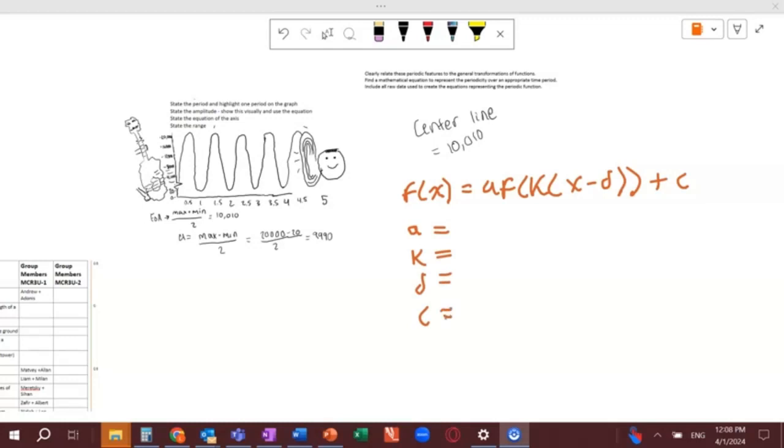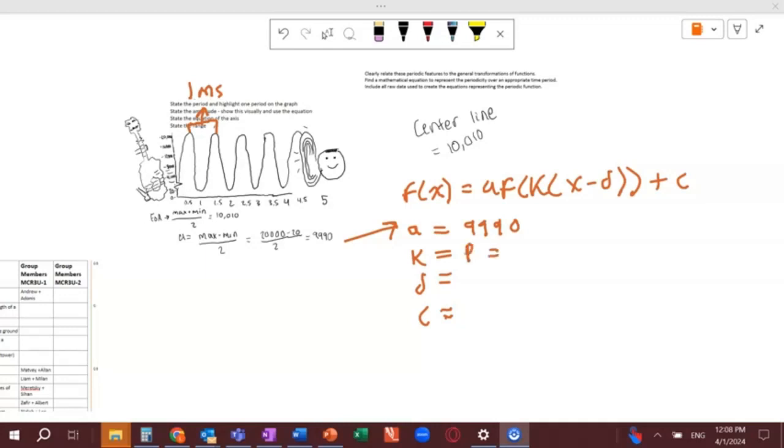Our A, which is our amplitude, is already solved right here. It's 9,990. Our K value, that's whatever one period is. One period equals 0.5 to 1.5, which is 1 millisecond. So a period is a millisecond.